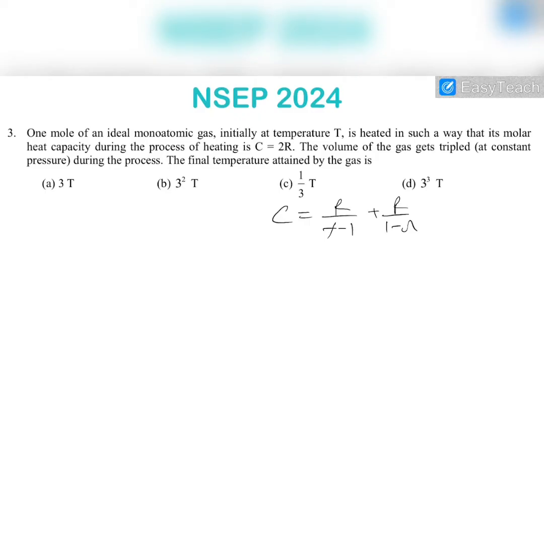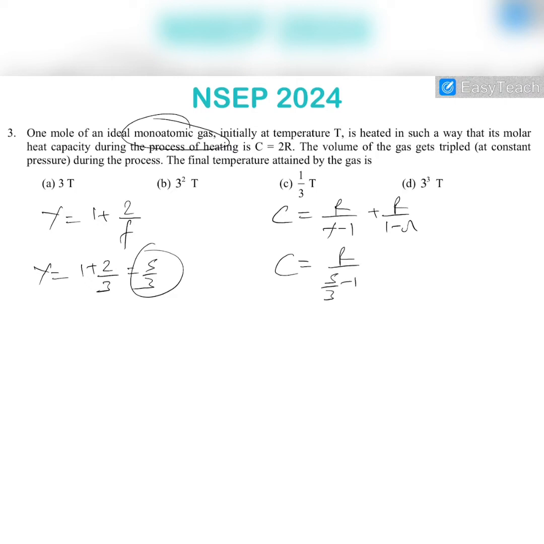Now gamma for this monatomic gas is 1 plus 2 by f, and f for a monatomic gas is 3, so gamma is 1 plus 2 by 3, and therefore it would be 5 by 3. So C will be equal to R upon 5 by 3 minus 1 plus R upon 1 minus x.